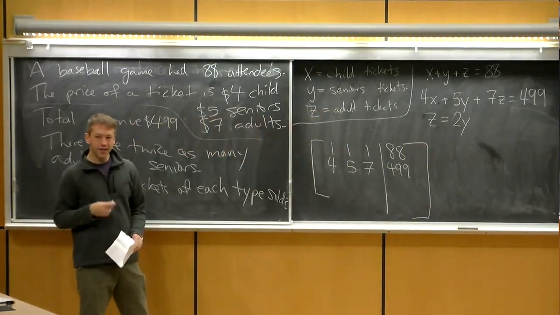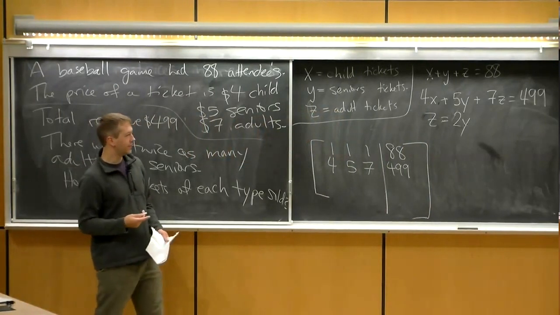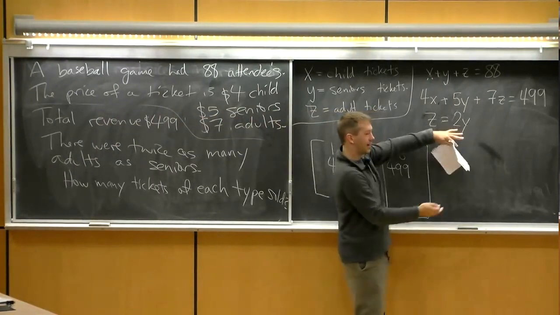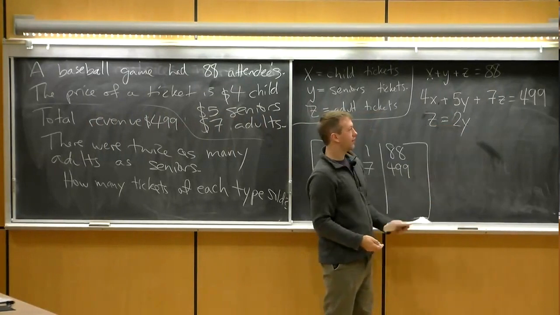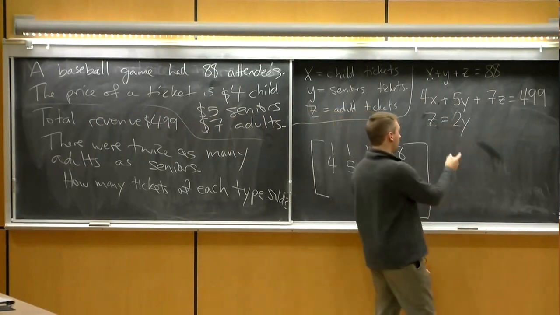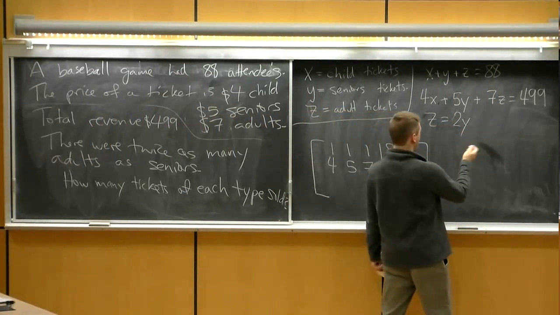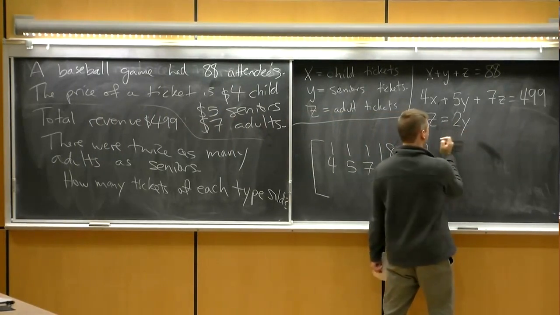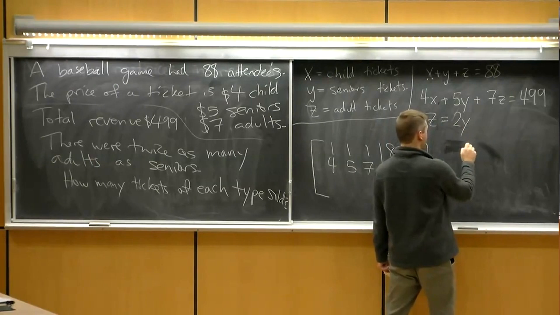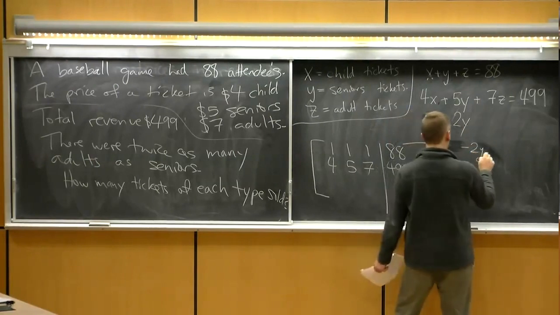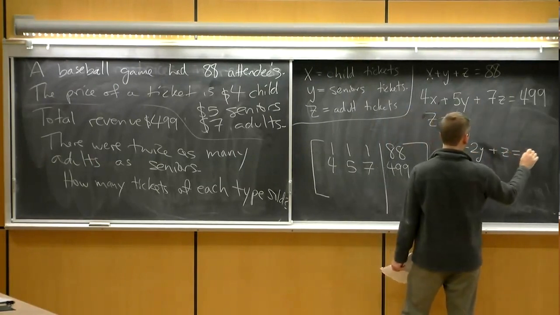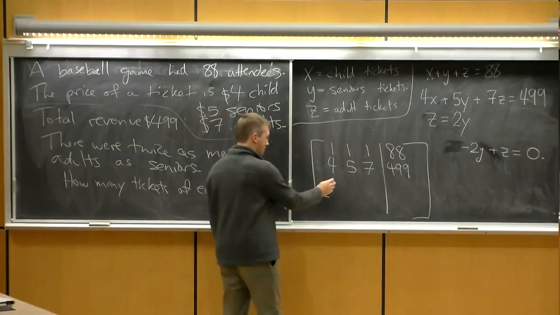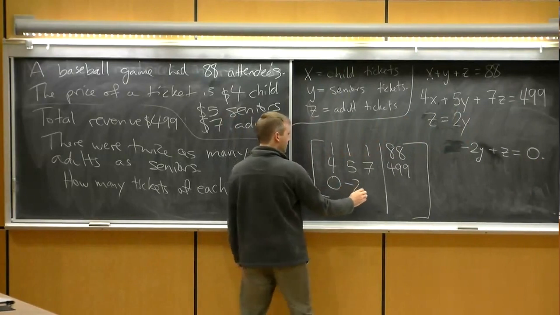My third equation, I have to be a little bit careful, right? Because it doesn't look how I want it to look. So you need to manipulate this a little bit. You can rewrite this as negative 2y plus z equals 0.